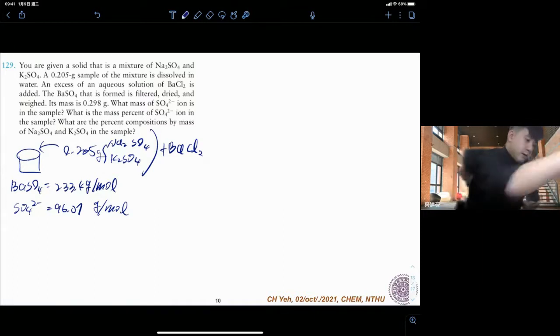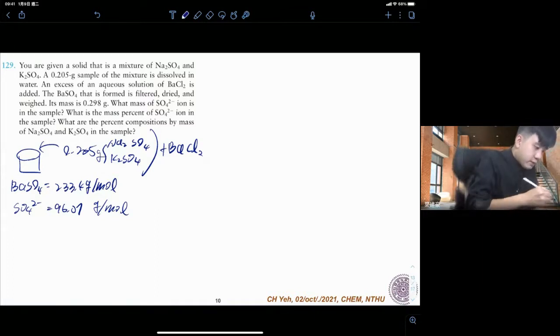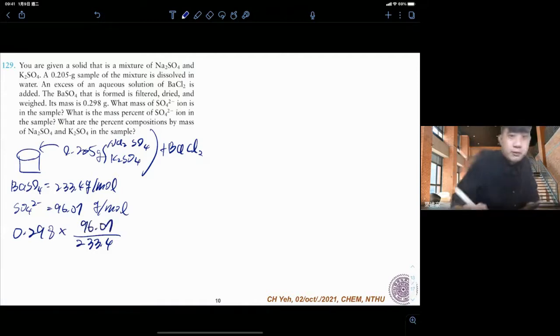So the first part is easy: 0.298 times the composition, 96.07 over the whole mass 233.4. And we can finally calculate it. That is 0.123 grams of sulfate ions.